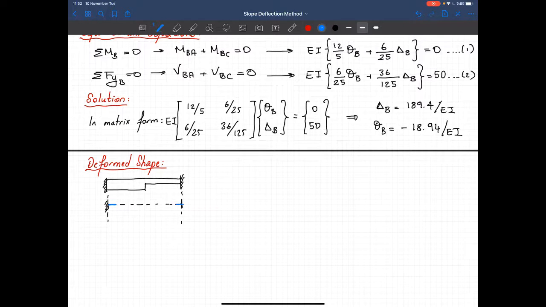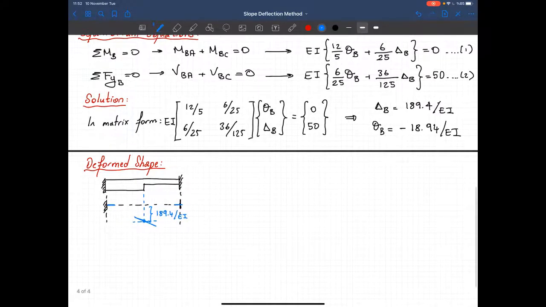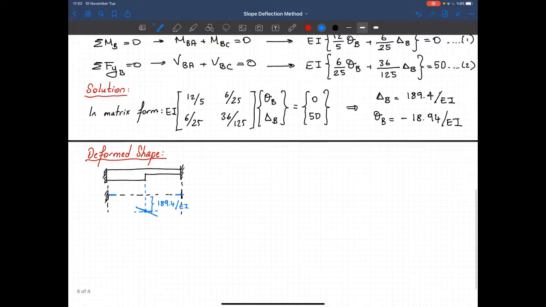At the middle, it moved in the downward direction, and this magnitude is 189.4 over EI. And here I have a clockwise rotation, equal to 18.94 divided by EI.